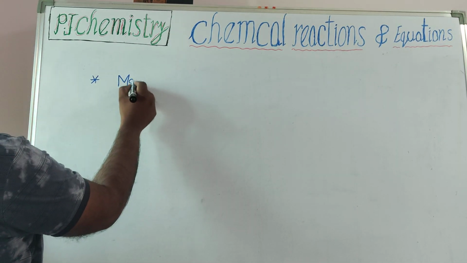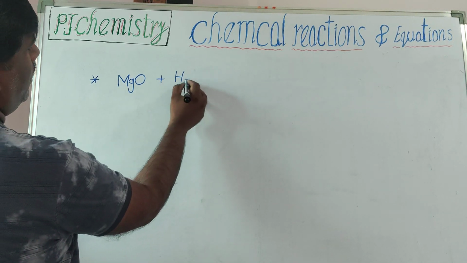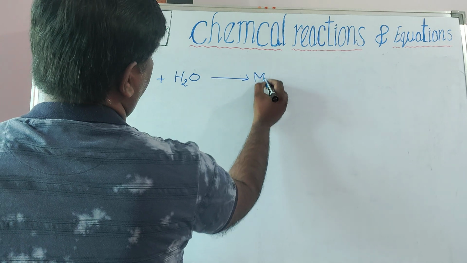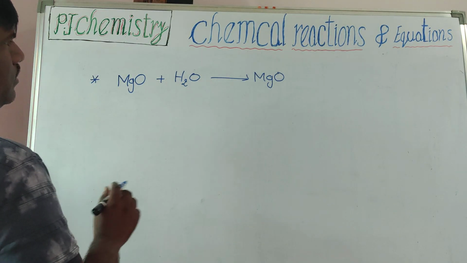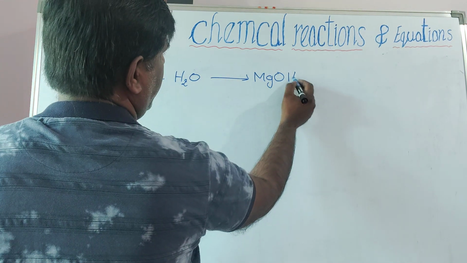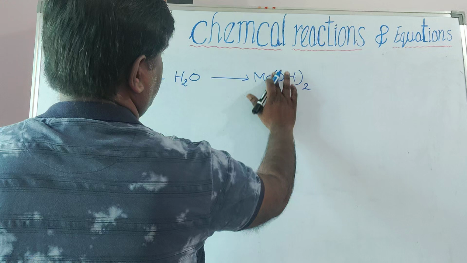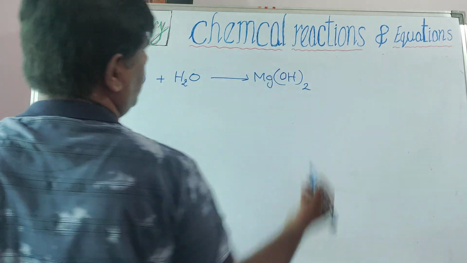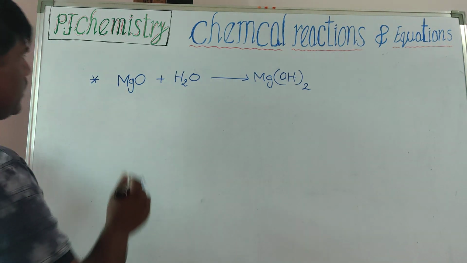MgO, magnesium oxide, combined with water forms magnesium hydroxide, Mg(OH) twice. Now check the oxidation numbers.